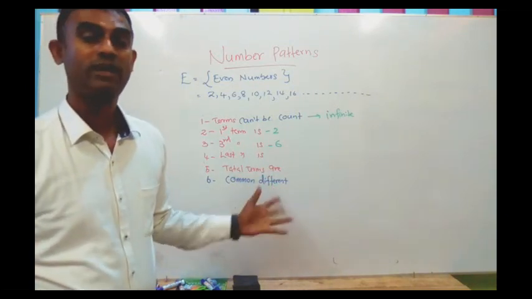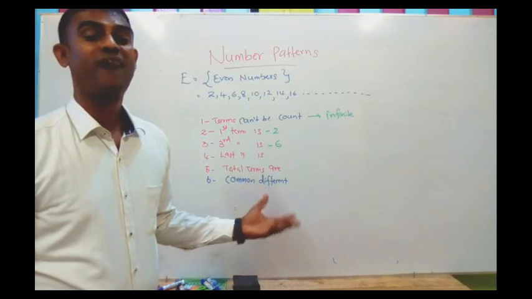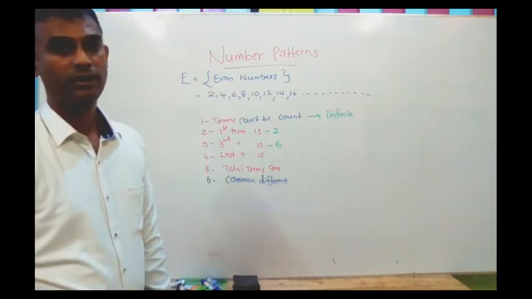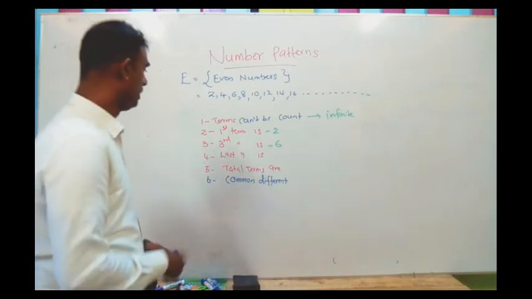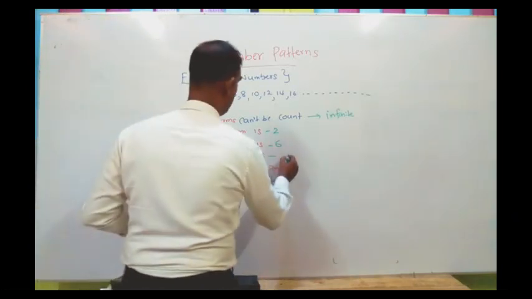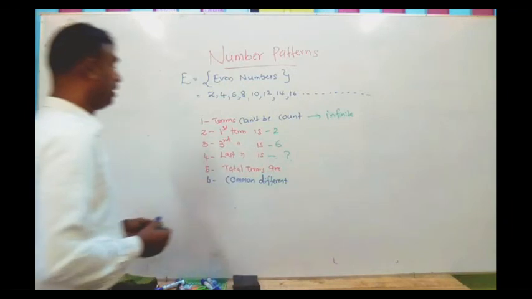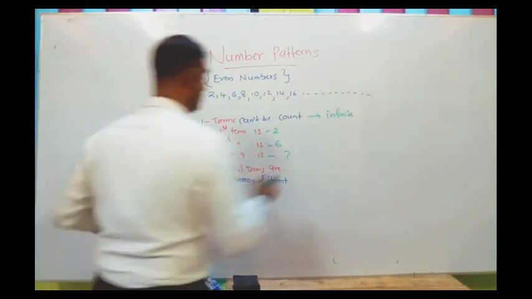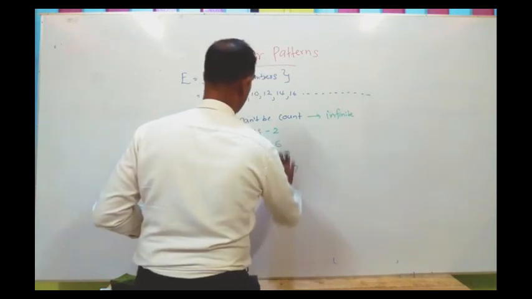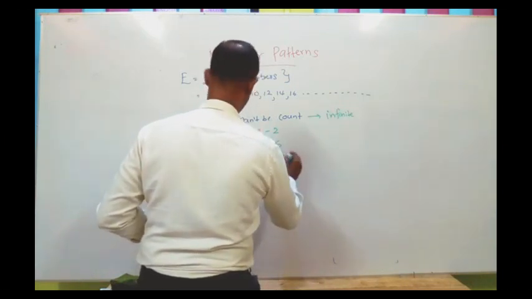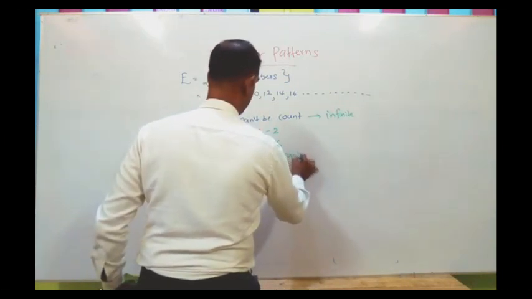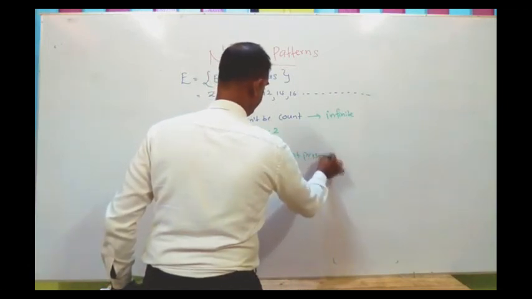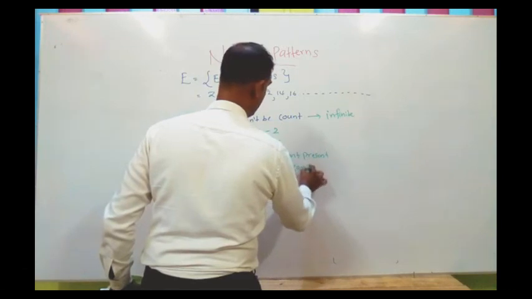We can't identify the last term in infinite number patterns. Total terms are infinite. We can't count them.